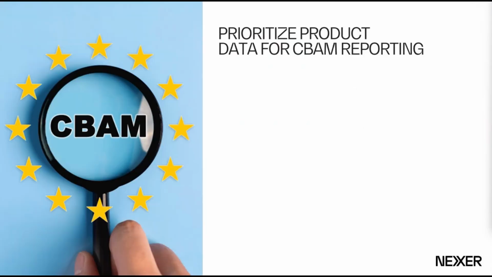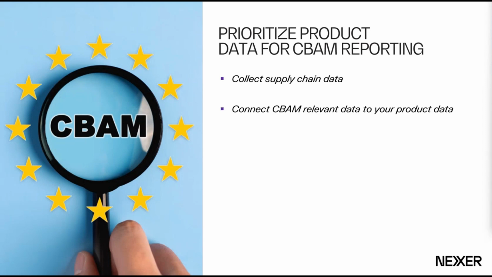So in general, it's all about prioritizing product data, and obviously that is our take on this, because with that you can collect the supply chain data, you can organize the data in a way where you can connect it with the relevant CBAM data, so you can start to get this overview of how it is all coming together.